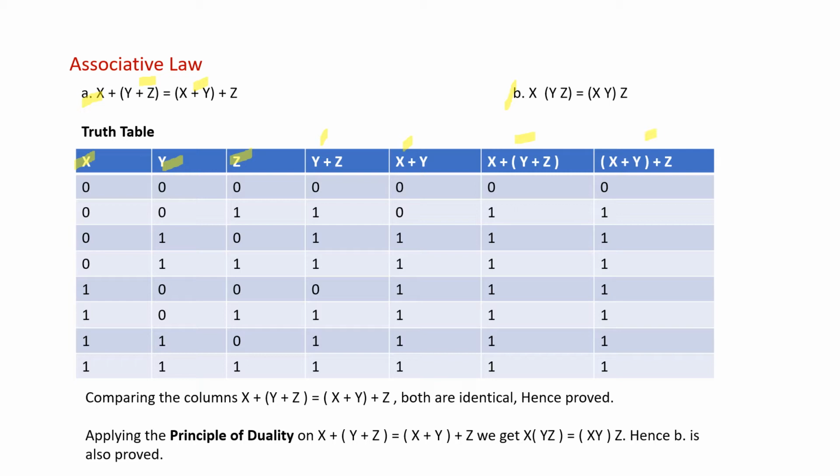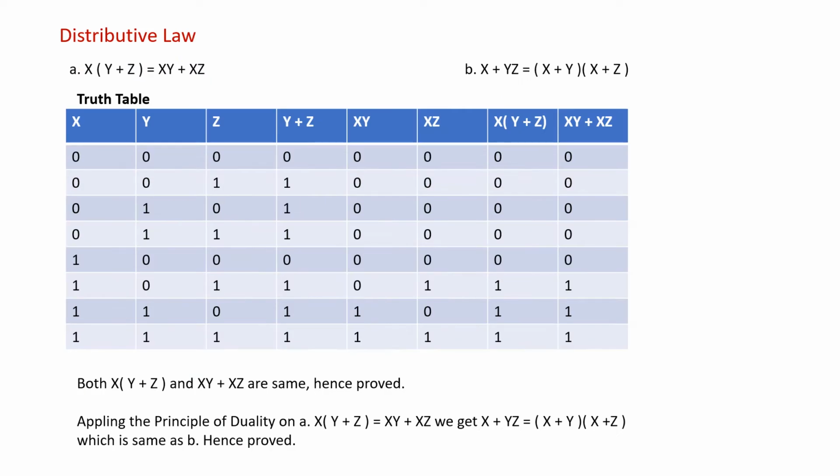Looking at the final two columns, we can say that LHS is the same as RHS, and hence this theorem is proved. Also, by applying the principle of duality on statement A, we get statement B, and hence this second statement is also proved.